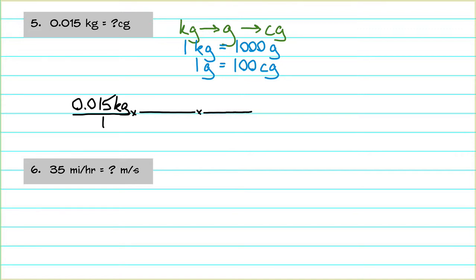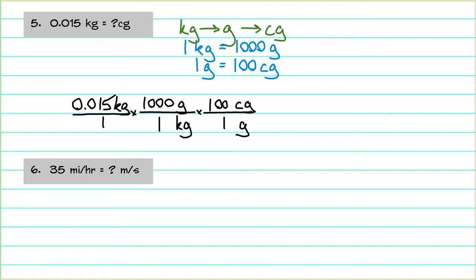In the first step, I want kilograms to cancel, replaced with grams. And then I want grams to cancel, replaced with centigrams. Now I fill in the numbers: for every 1 kilogram we get 1,000 grams, and for every 1 gram we get 100 centigrams.